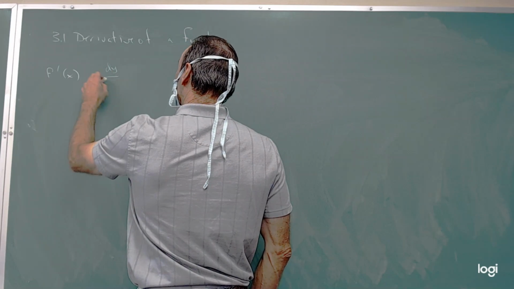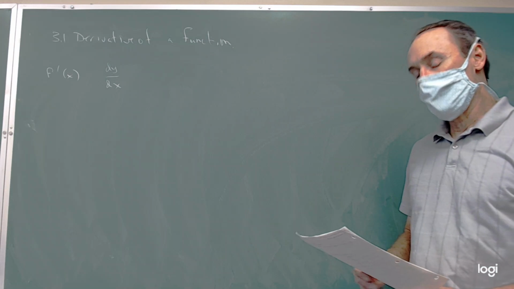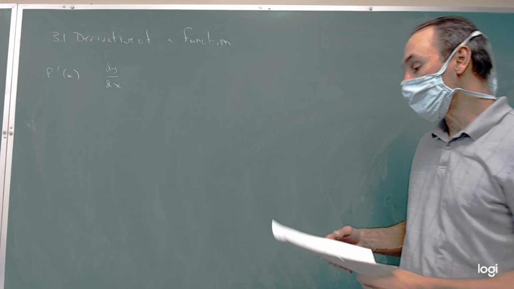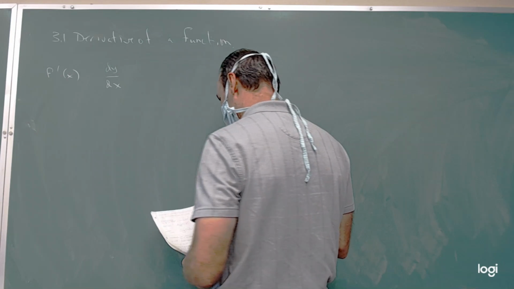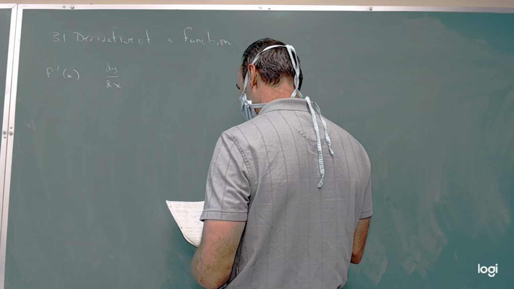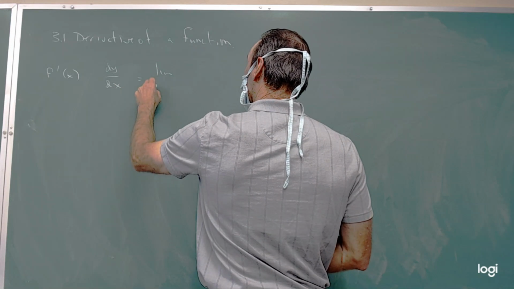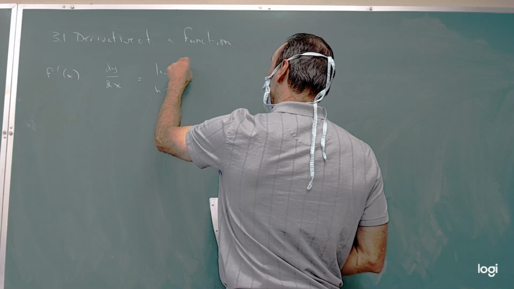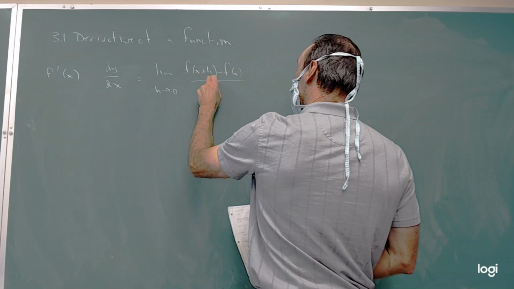We have what's known as Leibniz notation, the dy dx, which is suggestive of where that comes from, that whole limit as delta y over delta x, as delta x goes to 0. We know that its definition is the limit as h goes to 0 of f of x plus h minus f of x all over h.